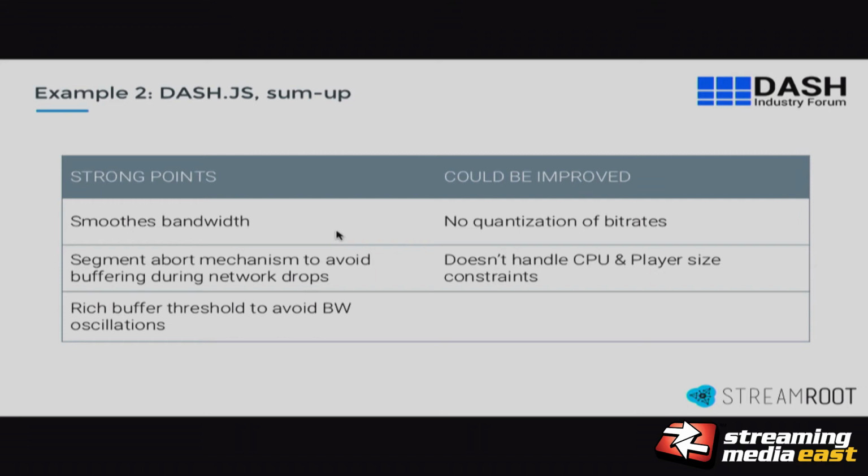So that's something that can be easily implemented into the rules. It also has a good segment abort mechanism to avoid buffering with big segment sizes during network drops. But at the same time, it doesn't handle the CPU and the player size constraints we saw with HLS.js. And finally, it has a reach buffer threshold to avoid the bandwidth oscillation in the VOD use case.